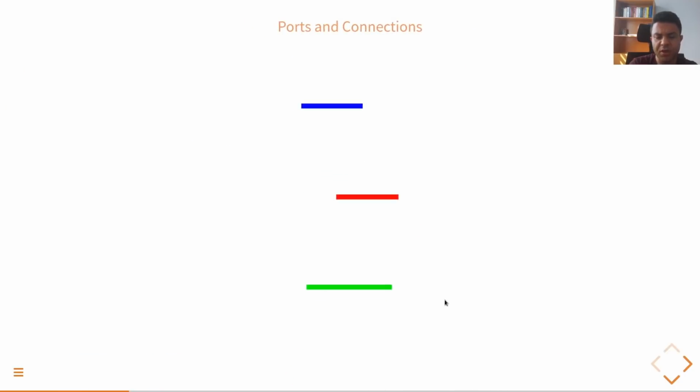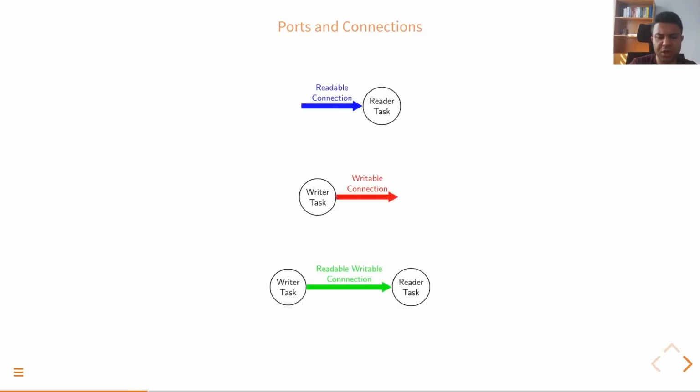In order for the connection to be readable and writable, some specific tasks must be constructed and bound to the connections. For example, in order for a connection to be a readable connection, a reader task must be constructed and bound to the connection so that we can read data from the connection. Similarly, in order for a connection to be a writable connection, a writer task must be constructed and bound to the connection so that we can write data to the connection.